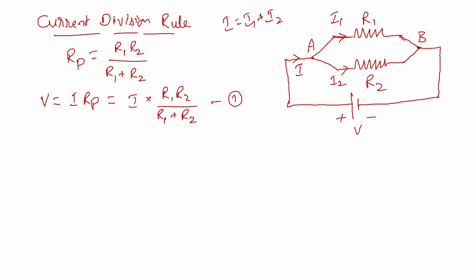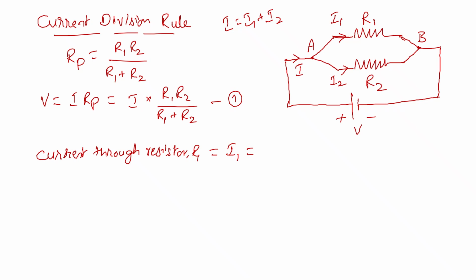Now current through resistor R1 is given by, as we have denoted it I1, so I1 equal to the voltage across R1 divided by R1.